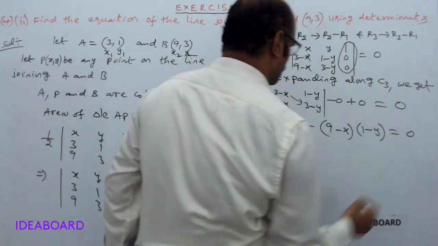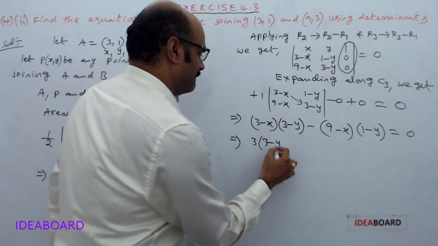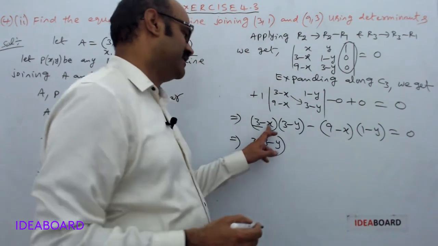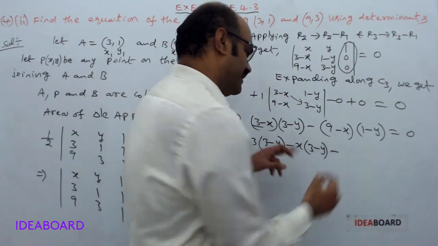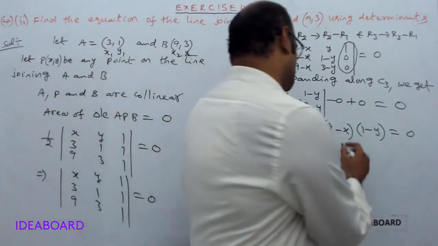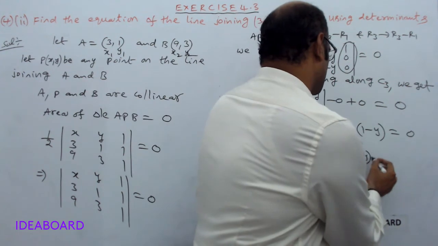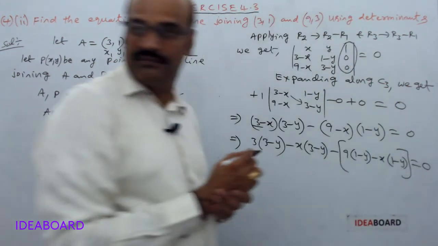Now it's equal to 3 into (3 minus y), next minus x into (3 minus y), minus of 9 into (1 minus y) minus x into (1 minus y) equal to 0.